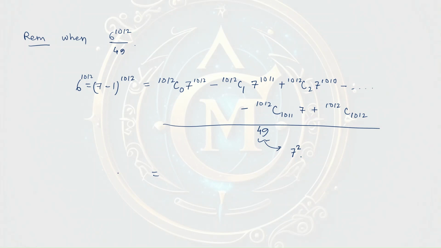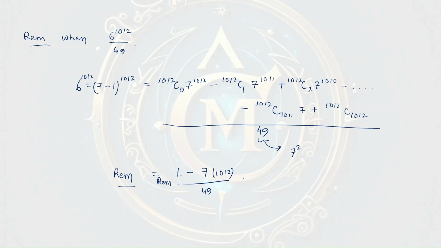That means this remainder will be the same as when we divide 1 minus 7 into 1012 C 1011 by 49.